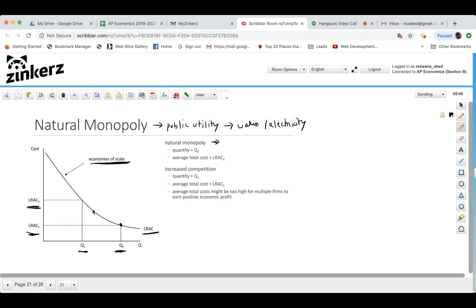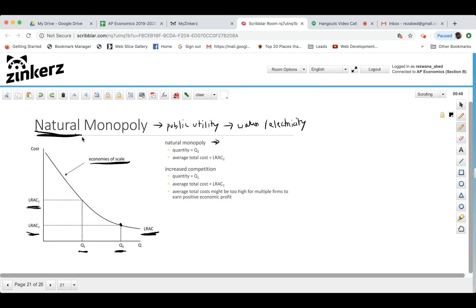This is just an example of what would happen to the average cost with a natural monopoly. A natural monopoly is when a firm has a long run average cost that is declining as they produce more.